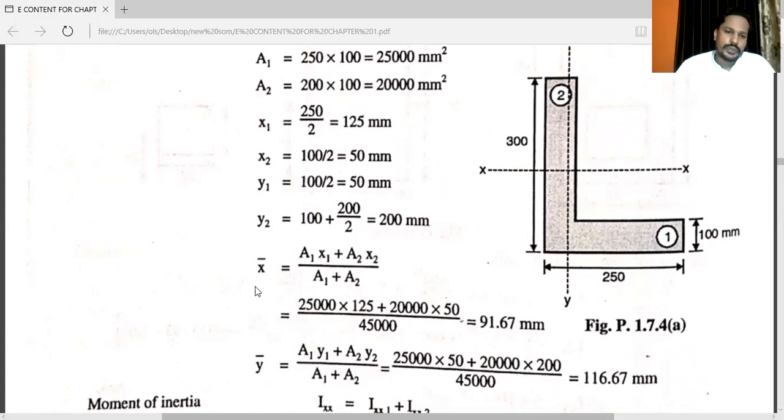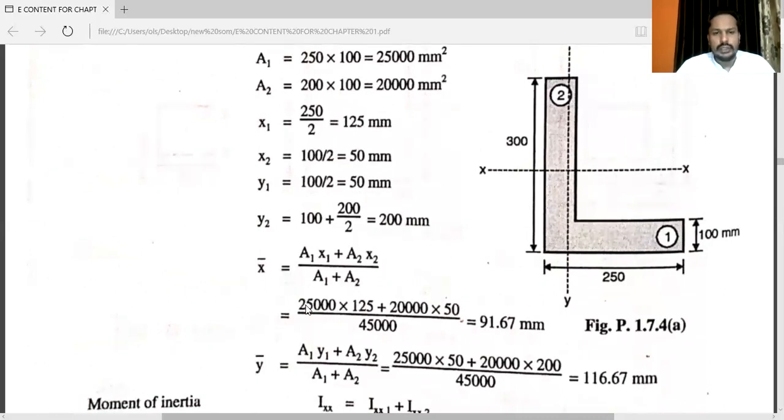See, this is the formula for x bar. Whenever you will put all the values of a1, x1, a2, x2, a1 plus a2, you can see this formula. X bar is equal to a1 x1 plus a2 x2 upon a1 plus a2. Here we have all the values.